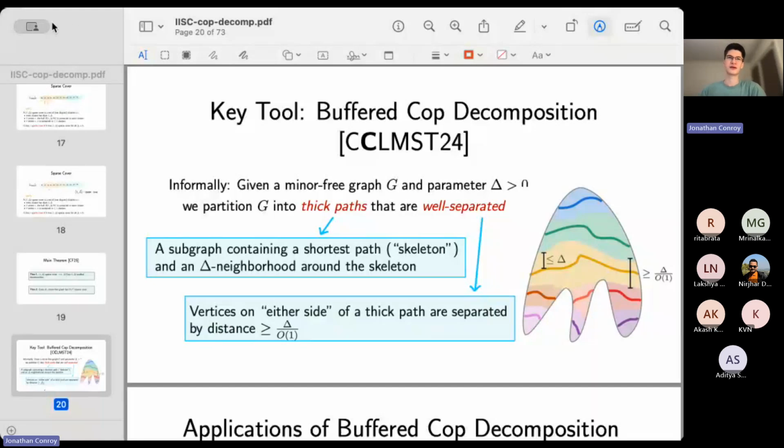And so I'll say, what is this tool? Informally, we want to partition our graph into these thick paths, where a thick path is basically the shortest path plus some neighborhood around it, some delta neighborhood around it.